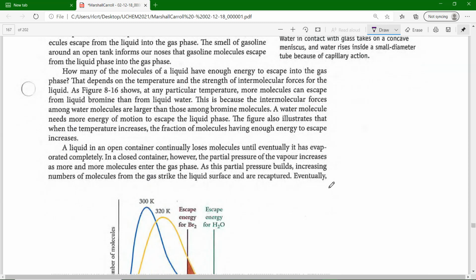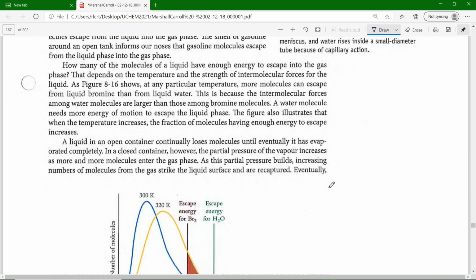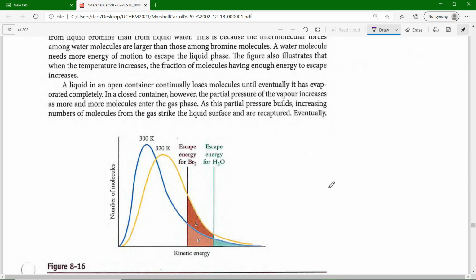So let's see here. There's a picture A16 which is comparing bromine and water, and you see that the escape energy for bromine is less than water, so the intermolecular forces in bromine are less than water. Again, the hydrogen bonding is more important. And you also see that if you increase the temperature, you're going to have a greater vapor pressure.